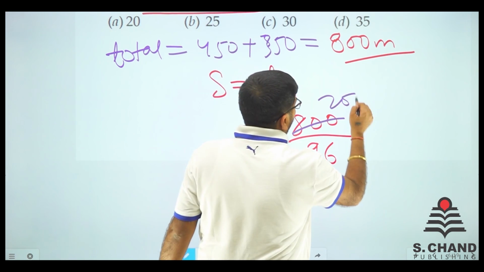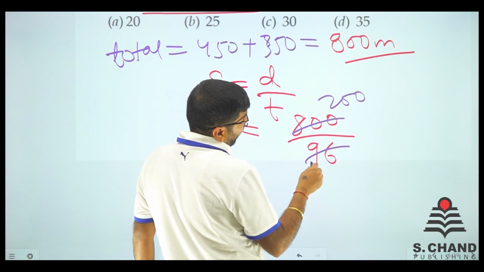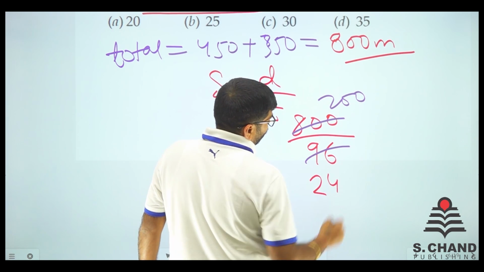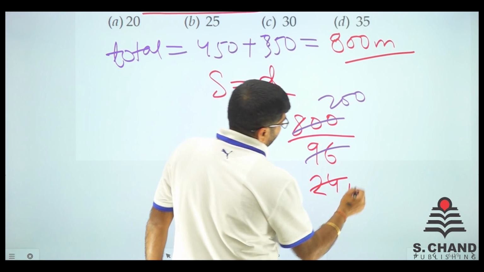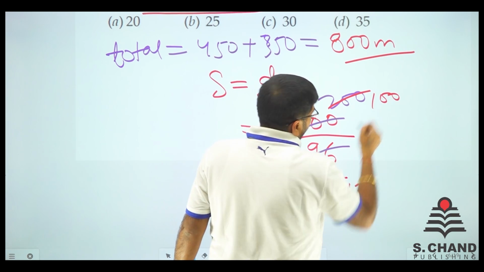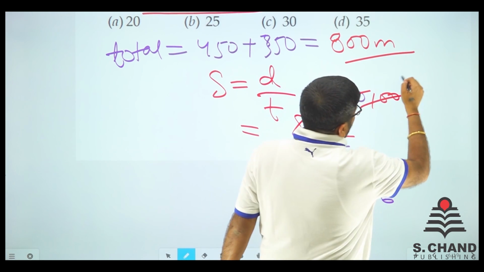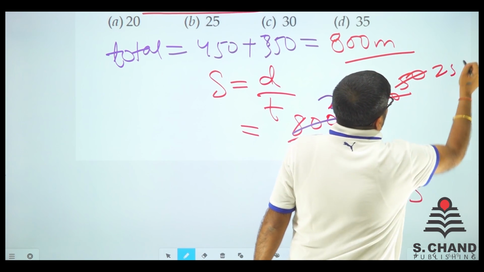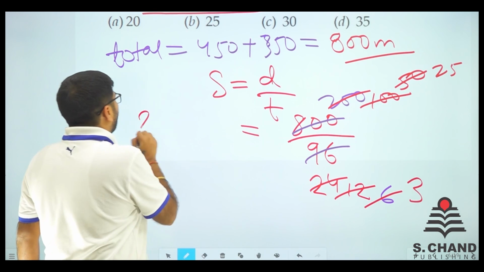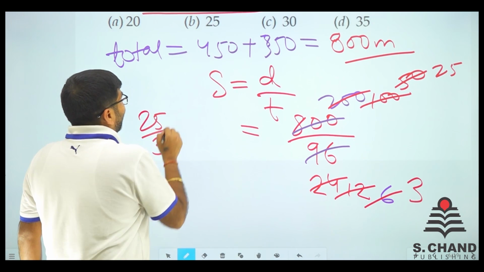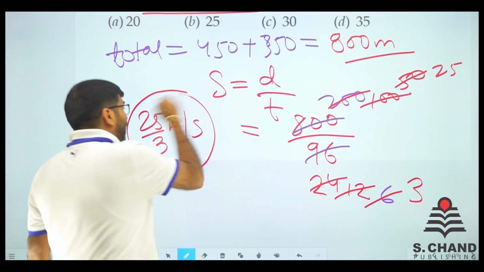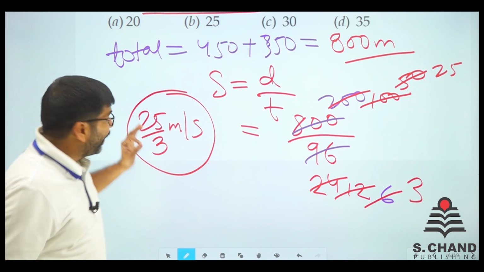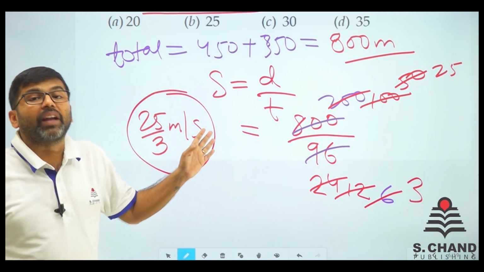So it is 200 and 24. Now it is 100 and 12, it is 50 and 6, it is 25 and 3. So I got 25 by 3 meter per second, but we don't want it in meter per second, so we want it in kilometer per hour.